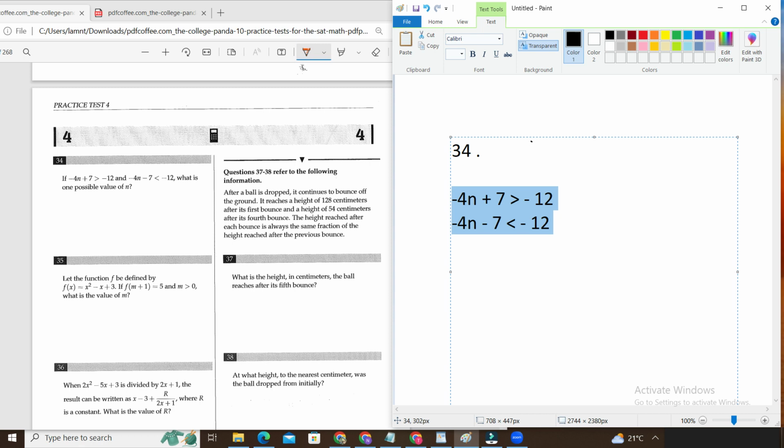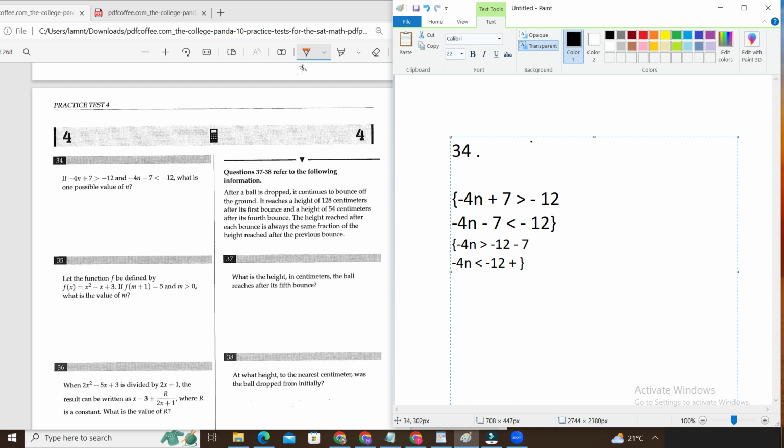Okay, so let's solve each equation. These two inequalities form a simultaneous system, so both of them have to be true. So let's solve each of them at the same time. The first is equivalent with minus 4n is bigger than minus 12 minus 7, and the lower one, minus 4n is smaller than minus 12 plus 7.